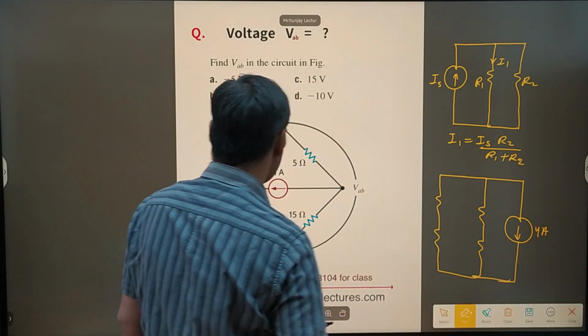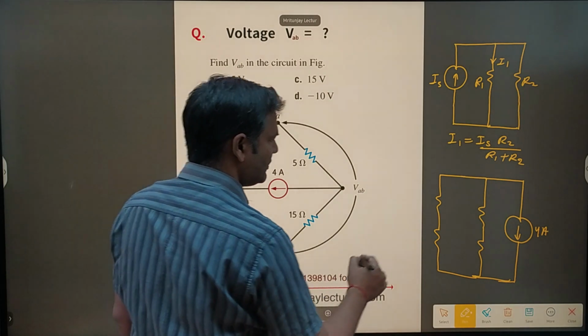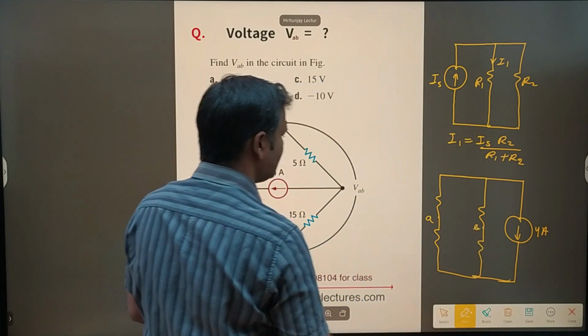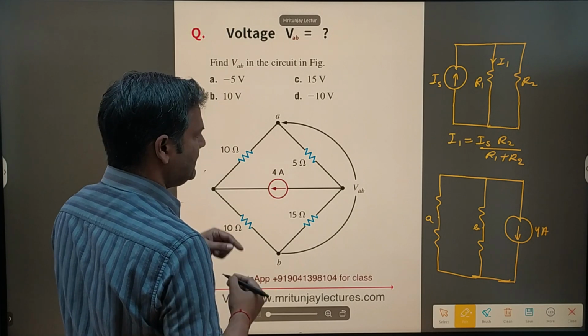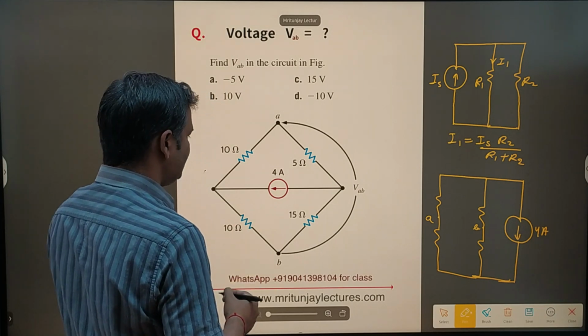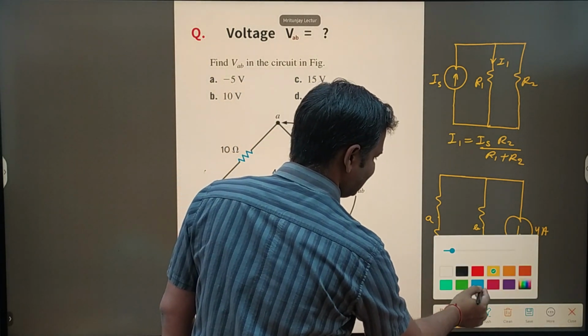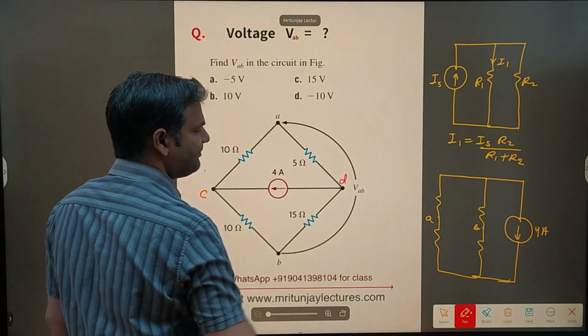That is A and B. That point is A and that point is B. Now A to B, and that point is, suppose, C, and that point is D.